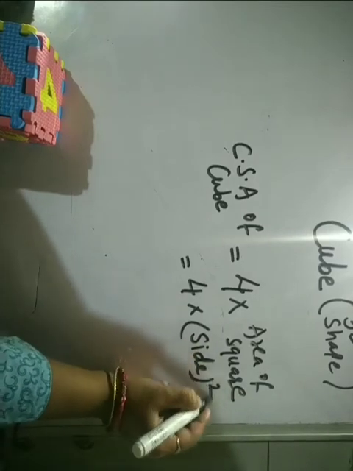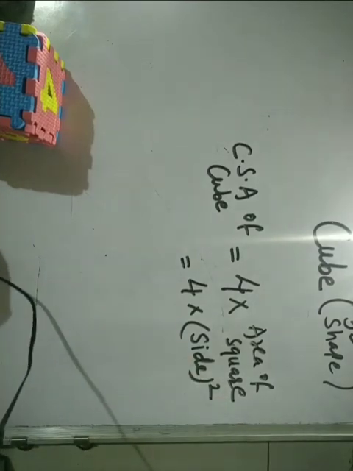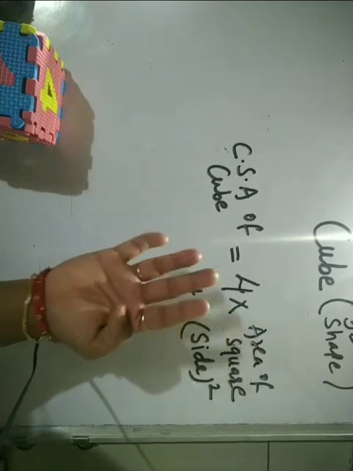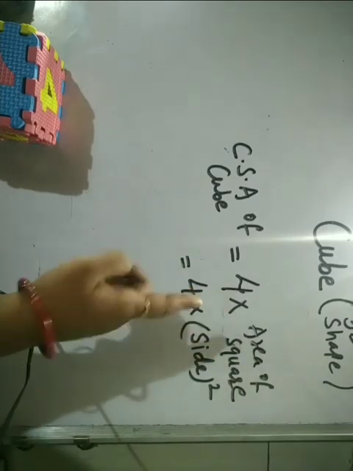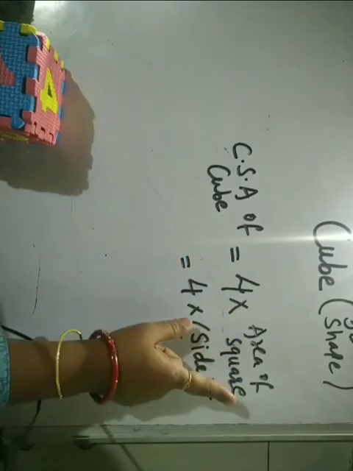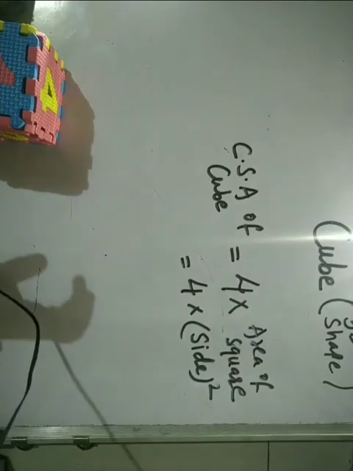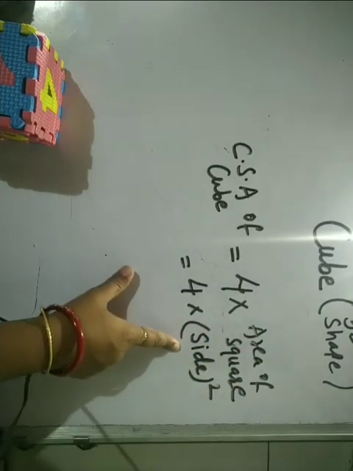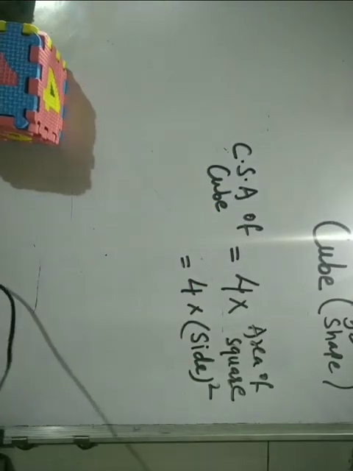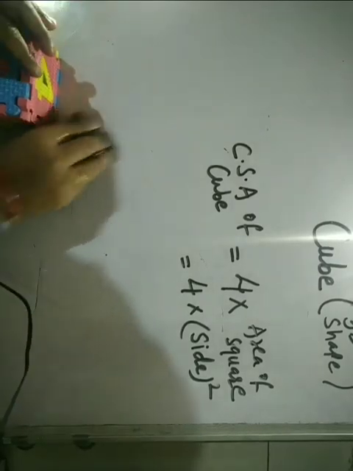So curved surface area of cube is equal to 4 into side square. 4 surfaces come under curved surface. That is why I have multiplied 4 by area of square. All 4 surfaces are square in shape. That is why I have taken area of square, and area of square is nothing but side square. So curved surface area of cube is 4 into side square. I hope this is clear to everybody.